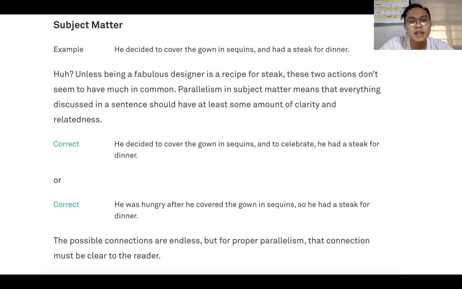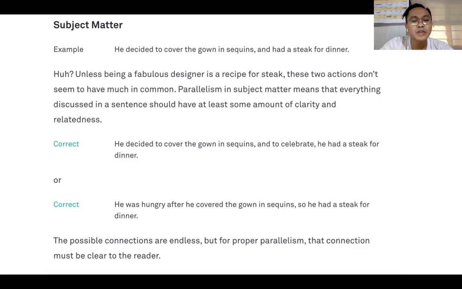So kailangan should be a parallelism in subject matter na it means that everything na dinidiscuss sa sentence should have at least mayroong clarity and relatedness, may pagkakatulad. So anong pwede nating correction dyan? He decided to cover the gown in sequins and to celebrate, di ba? To cover the gown in sequins and then we put a verb and to celebrate, he had a steak for dinner.